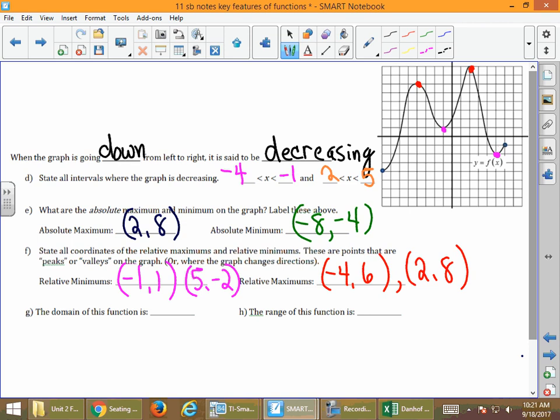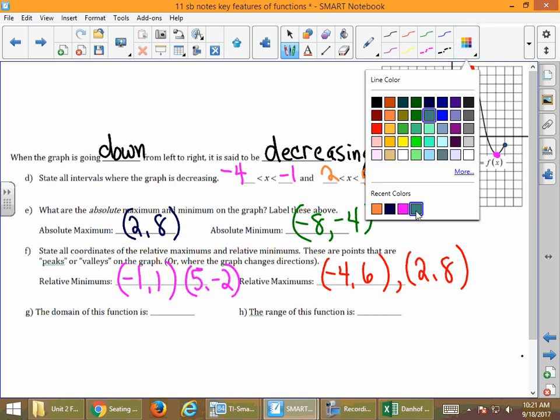Finally, we want to identify the domain and the range. Again, something that we've been working with that we are more familiar with. When we're dealing with domain and range, if this is a topic that's causing you trouble still, draw a rectangle. And we can draw a rectangle on this particular picture because we have a definite starting point and a definite ending point.